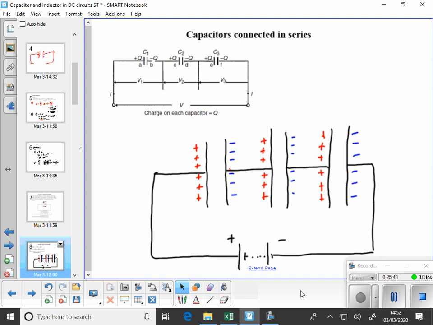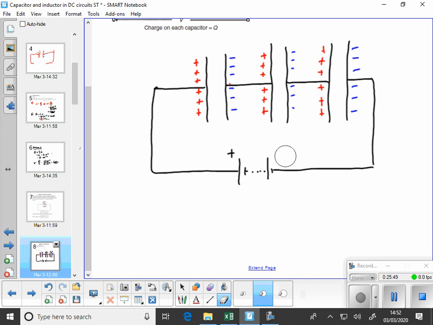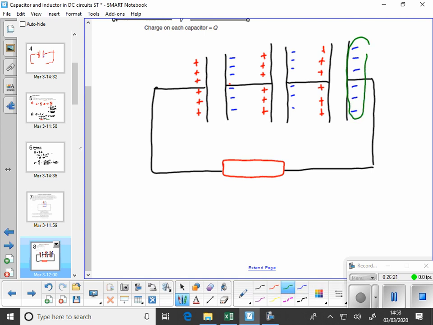So let's say for a minute that I take the battery away, and connect in the discharge resistor. How many electrons are going to flow through that resistor to reinstate the normalized charge, no charges on the plates? How many electrons are going to flow? It's only these ones that can go anywhere, isn't it?